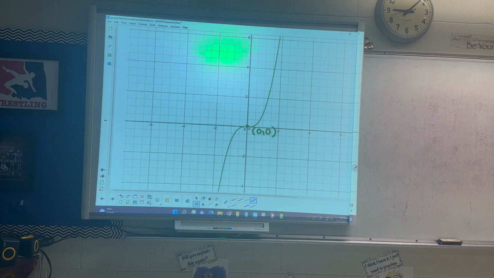Well, here we don't have one. I can't fold it along here or even along here. I can't fold it along the x-axis or the y-axis so that every point on the left matches up with every point on the right. Even if I tried folding it along y equals negative x or y equals x, a diagonal, every point up here isn't going to match every point down here. So we need to know that a cubic function does not have an axis of symmetry.